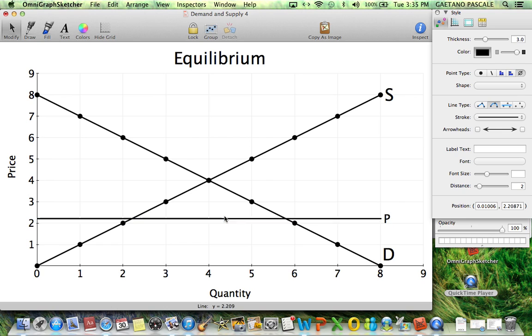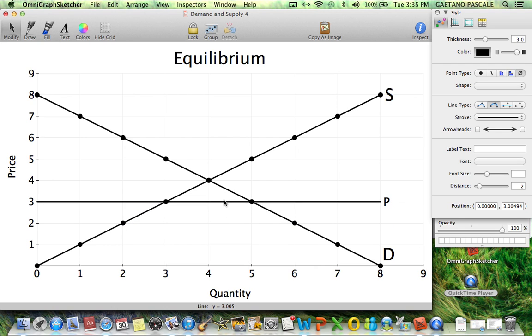So let's move this up to here. So the entrepreneurs realized that at $2, they had excess demand, another way that you could refer to a shortage. So they raised the price in response to the fact that there's excess demand.